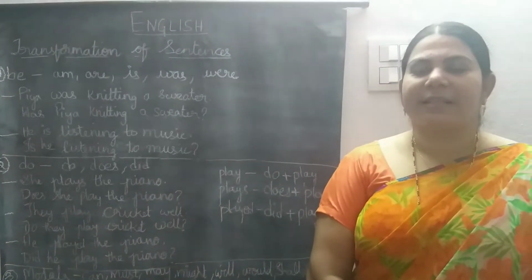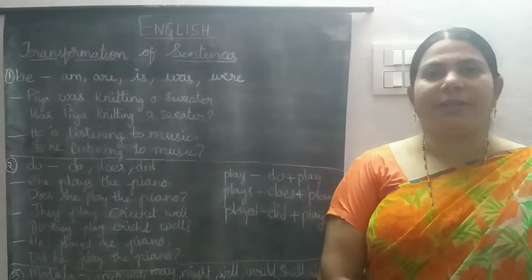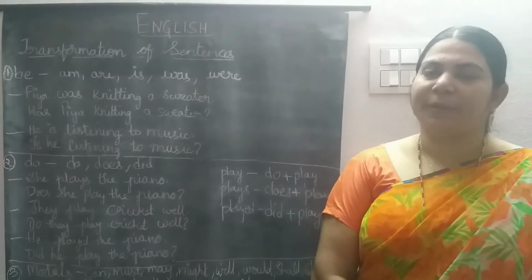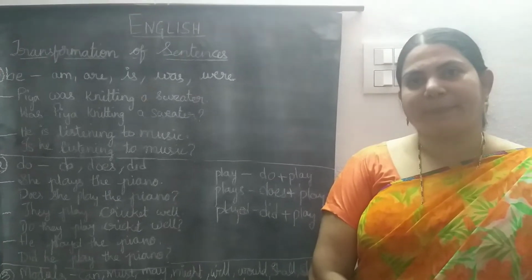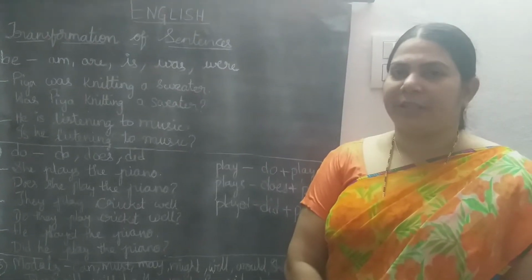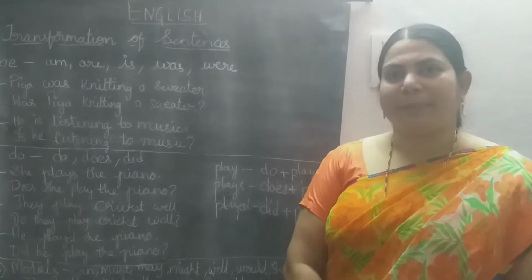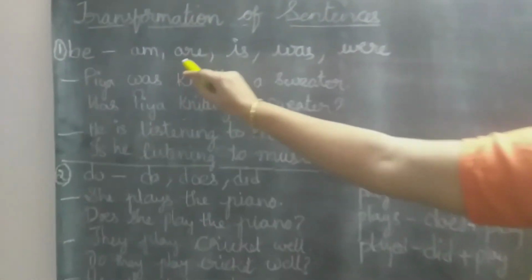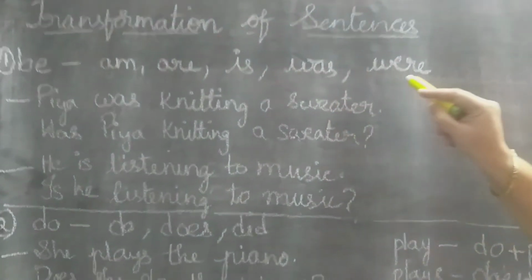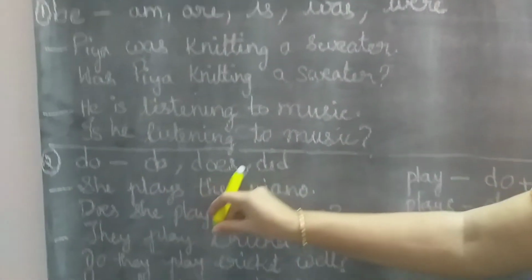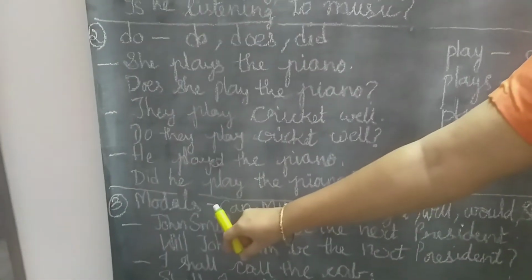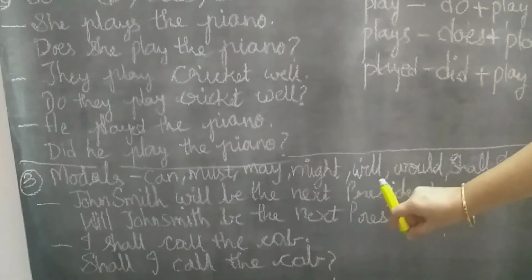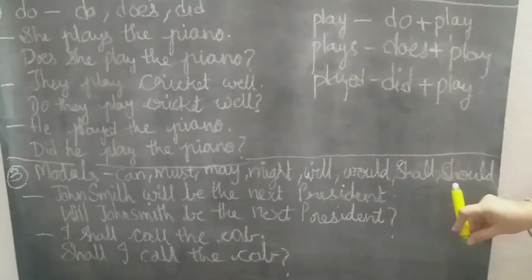Declarative sentences can be changed to interrogative sentences by shifting the position of the auxiliary verb or helping verb. We have already discussed helping verbs. Be form verbs: am, are, is, was and were. Do, does, did. Modal auxiliary verbs: can, must, may, might, will, would, shall, should.